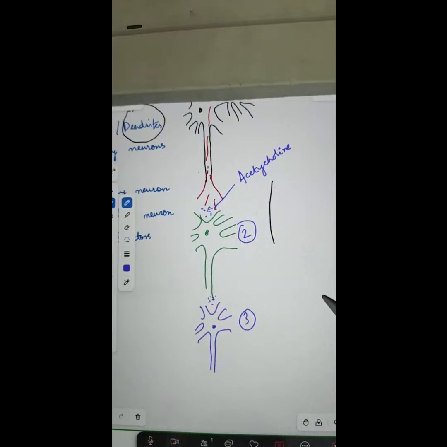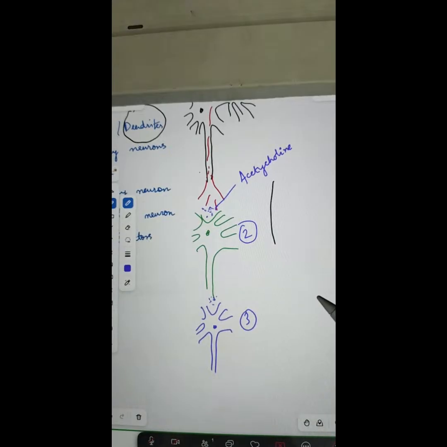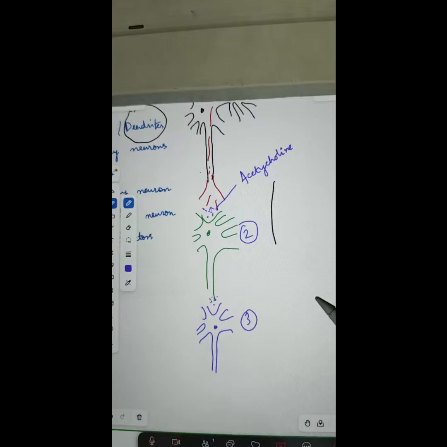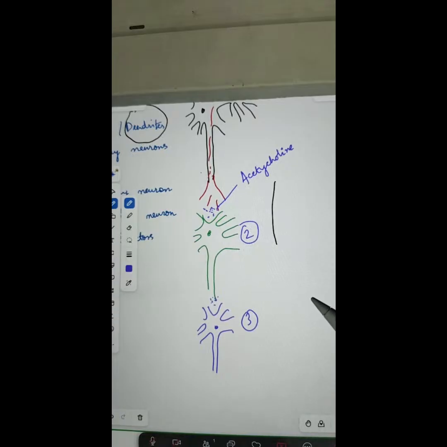This way the information which has been perceived by the dendrites will generate an impulse, and this impulse will be passing on from one neuron to another. So it will be passing along dendrites, dendron, cyton, axon, nerve ending, and then follow the same route, right?